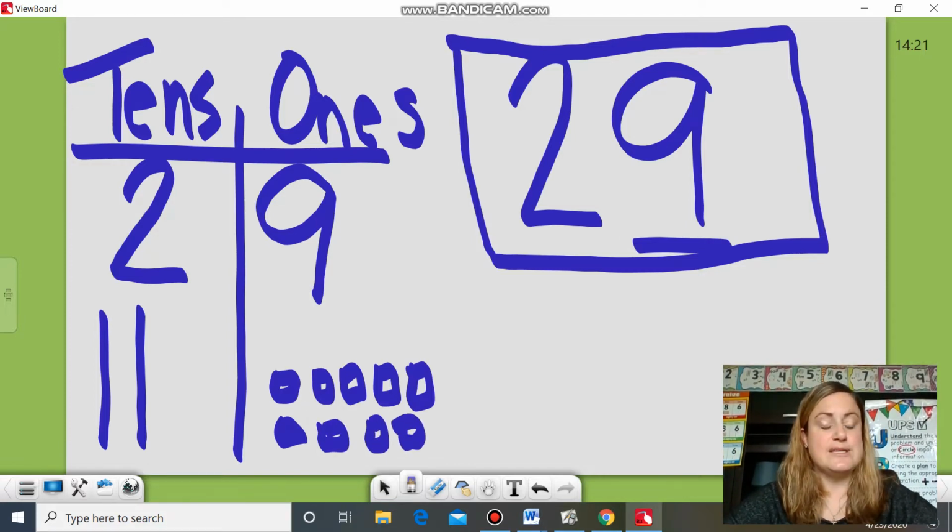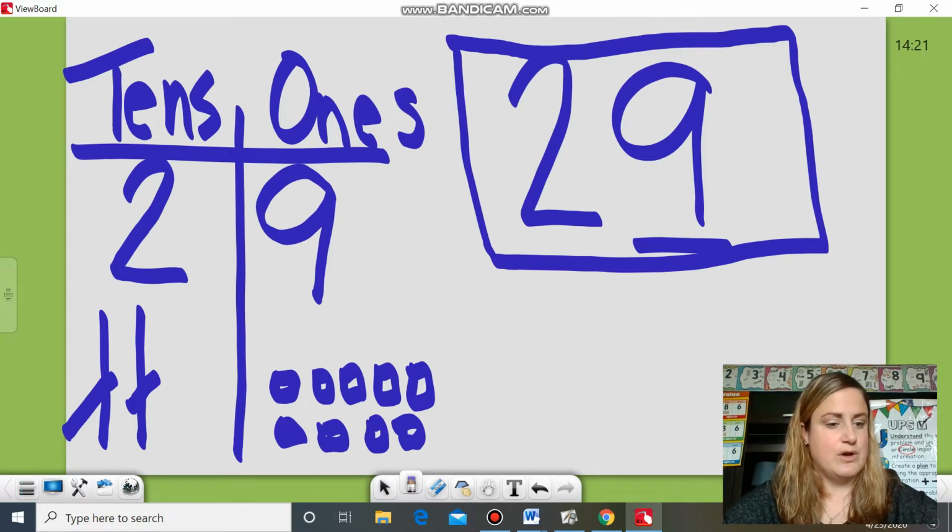When we counted the number, we would count these by 10 because there's 10 of them. So we would say 10, 20, and then we would count by ones, 21, 22, 23, 24, 25, 26, 27, 28, and 29. This is important. I want you to remember it when we start doing some 2-digit addition.